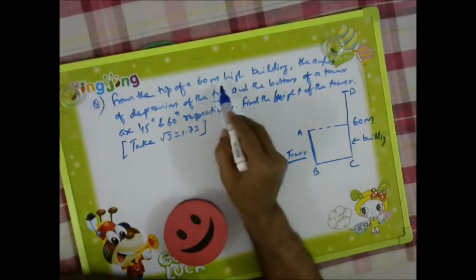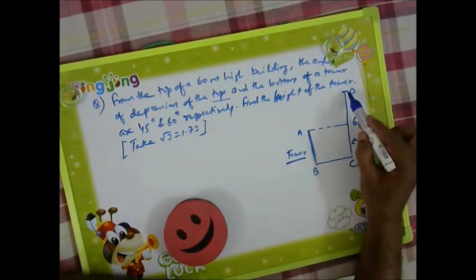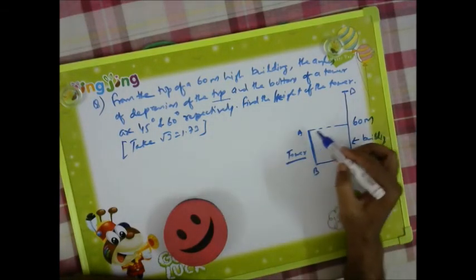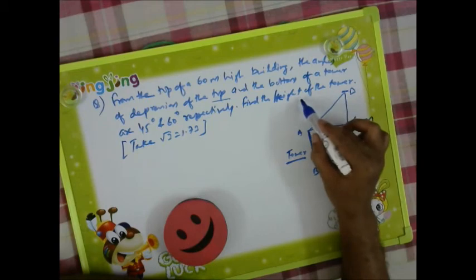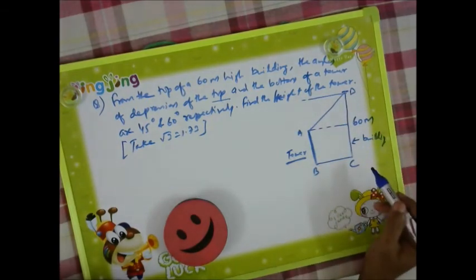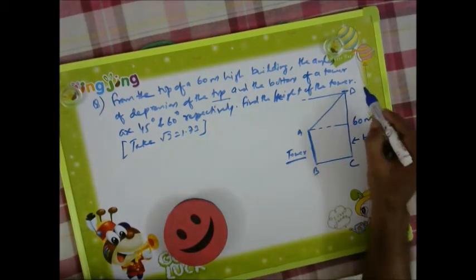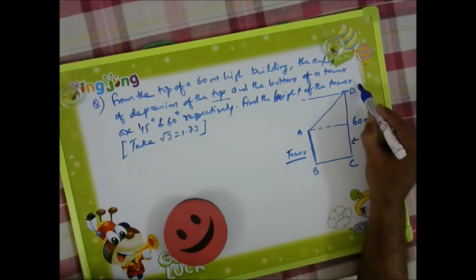So from the top of a 60-meter high building, the angles of depression of the top. So angle of depression will be like this. So here the eye is there.